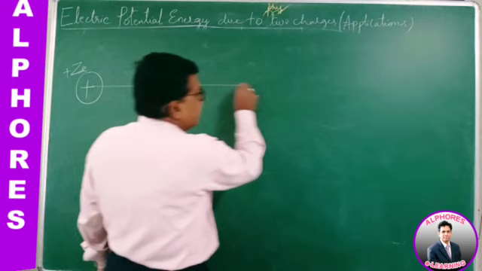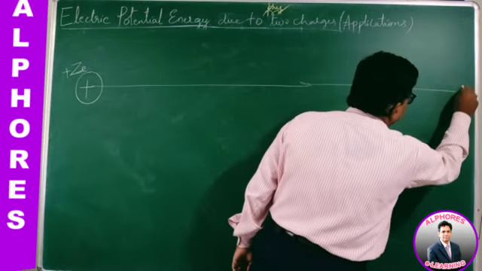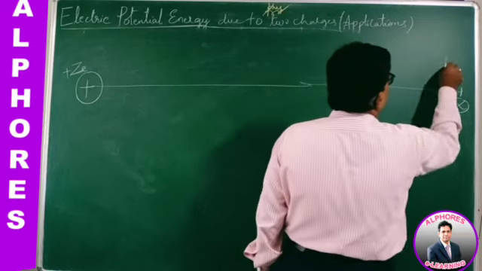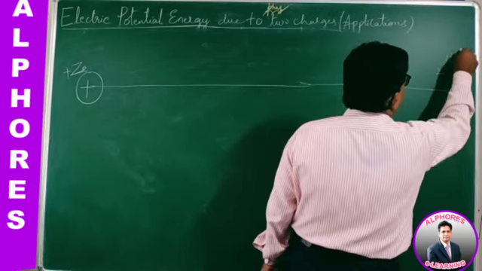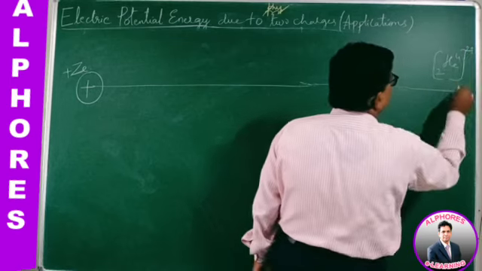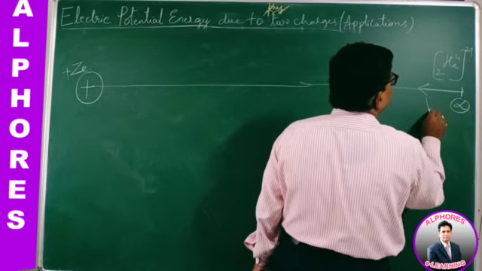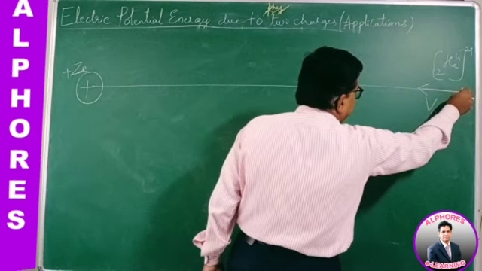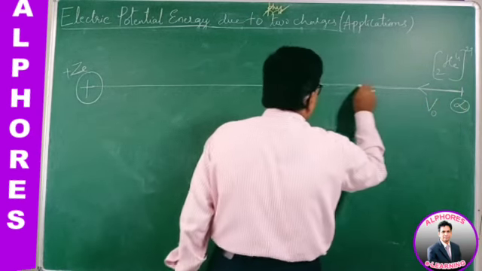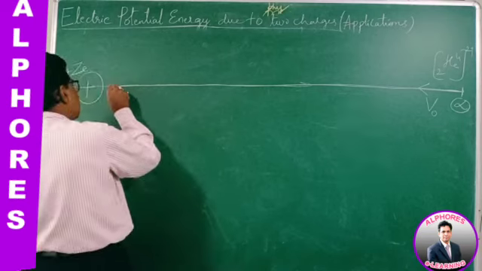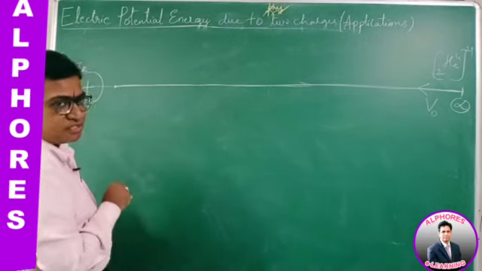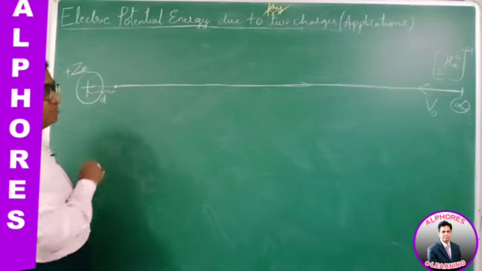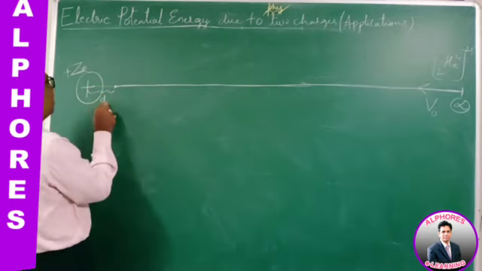An alpha particle is projected from infinite distance, from far away where there is no interaction. We know the alpha particle is a helium nucleus, He 2 4, with 2 plus charge. I am projecting from infinity with a velocity V0. Now the alpha particle approaches here and stops. This is the closest distance of approach, let us say D, or D naught.